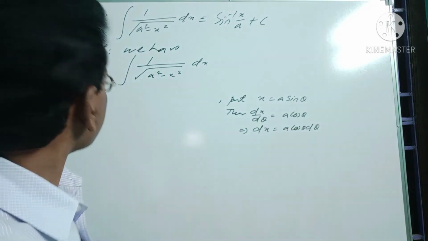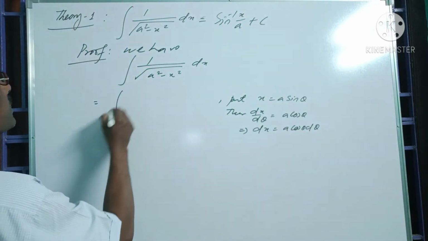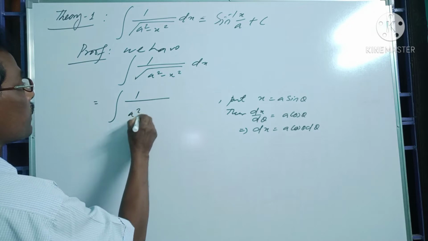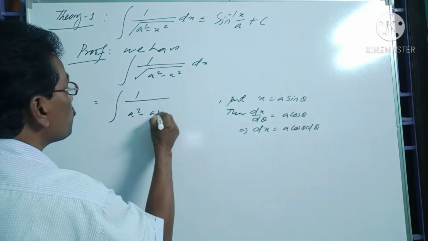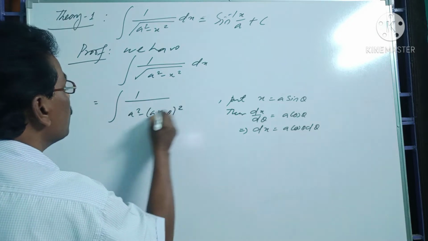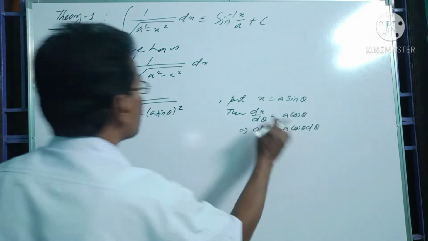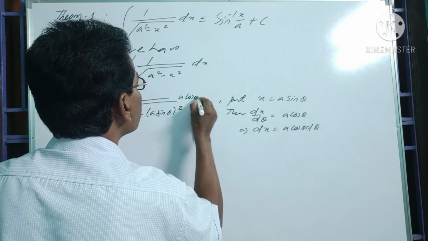So now replacing in the integral, we have integration of 1 by root of a square minus, so in place of x we have a into sin theta, a into sin theta's whole square, and in place of dx we have a into cos theta d theta.